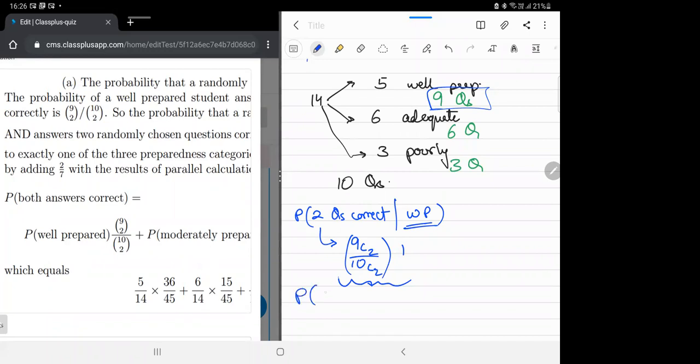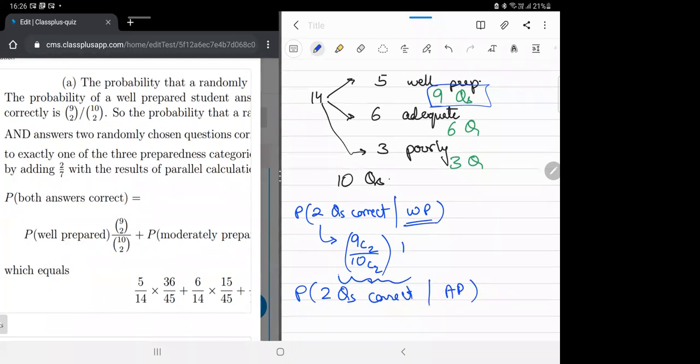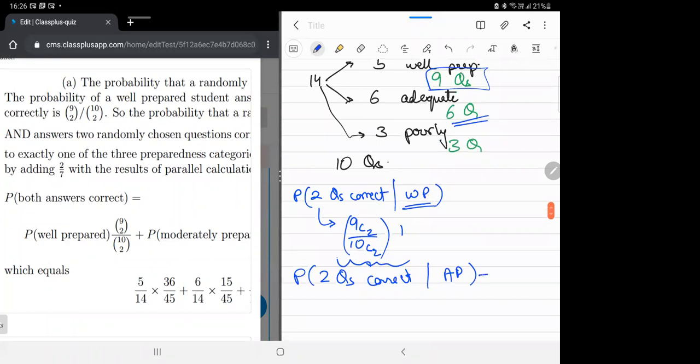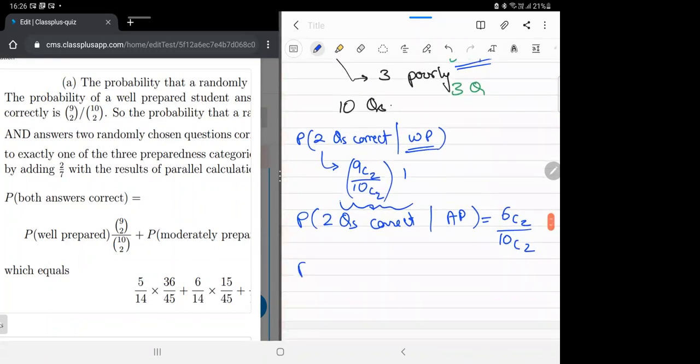Now the probability that two questions are correct given an adequately prepared candidate, by the same logic, since the adequately prepared candidate can give 6 correct answers, is going to be 6C2 by 10C2, and the probability of two questions correct given a poorly prepared candidate is going to be 3C2 by 10C2.